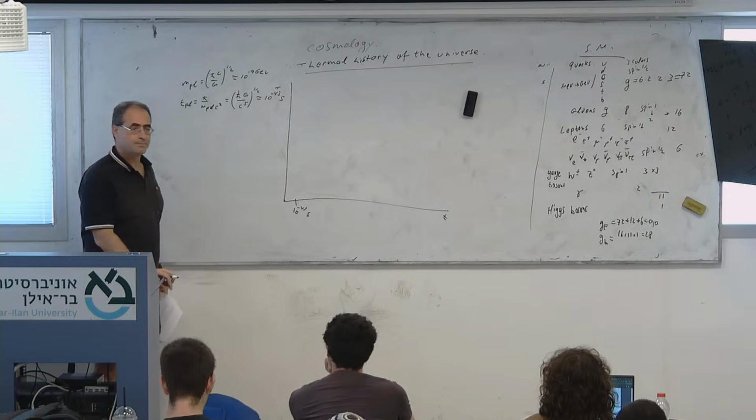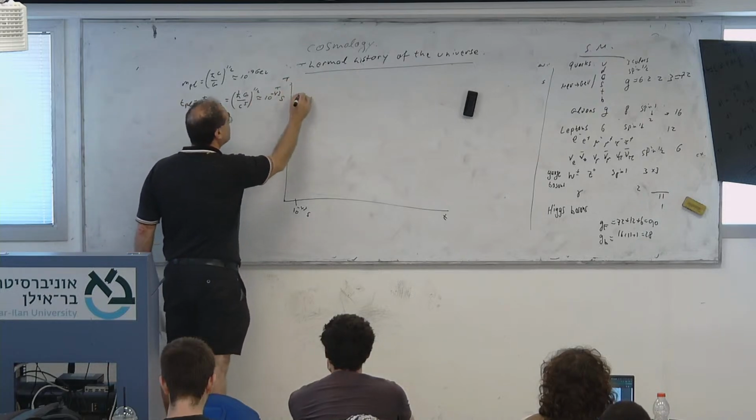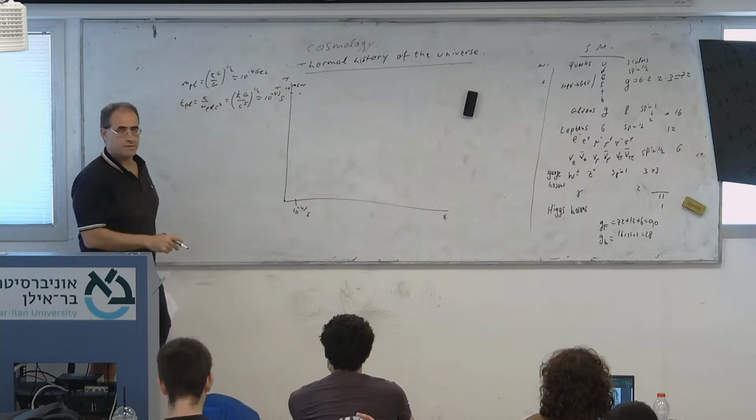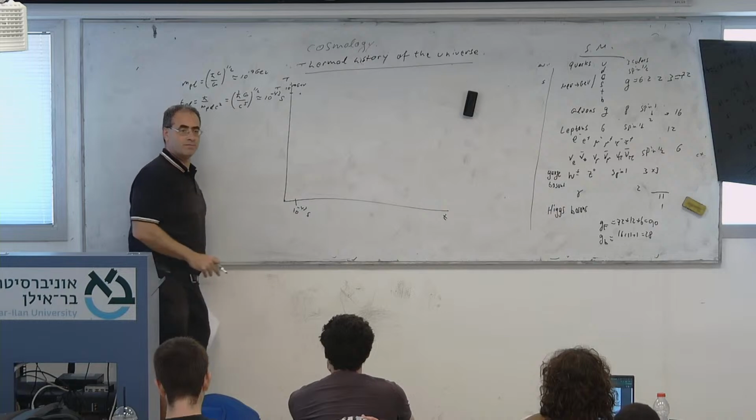From the Big Bang, we have gotten the temperature of the universe was 10 to the 19 GeV. There is nothing we can say before that that makes any physical sense according to the physics we understand.